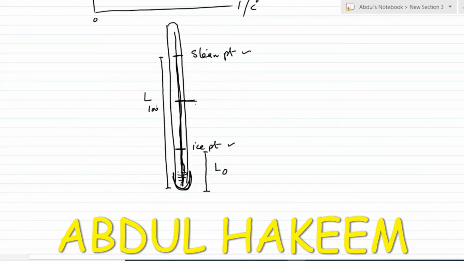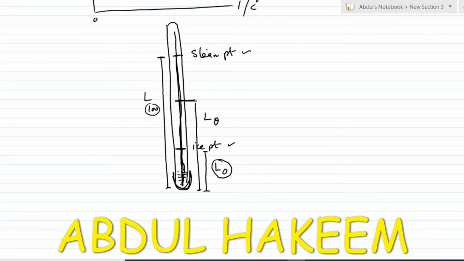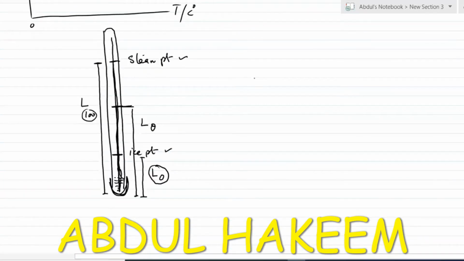This temperature is required, and suppose its length is L theta, the unknown temperature. Why is this L0? Because this is the height at 0 degrees Celsius. Why is this L100? Because this is the height for 100. Why is this L theta? Because of the unknown temperature.